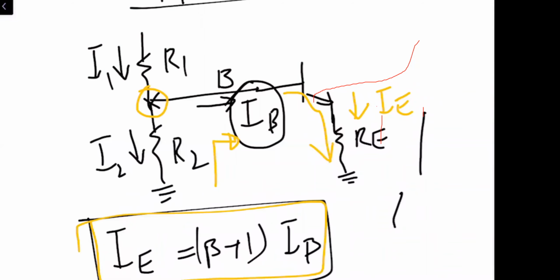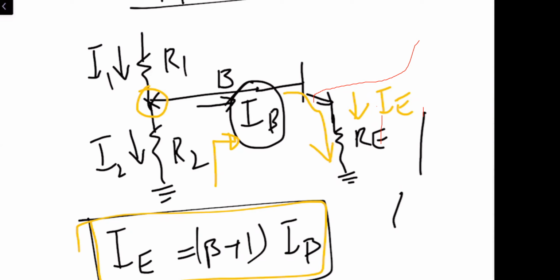Resistance very high, sir. What is going to be the value of that resistance? Just listen to the question I am asking you. If I say the current flowing in the emitter resistance is IE, the resistance offered by this resistance is RE, right?